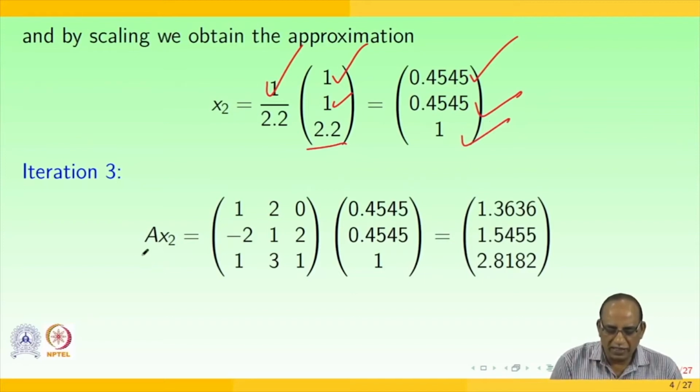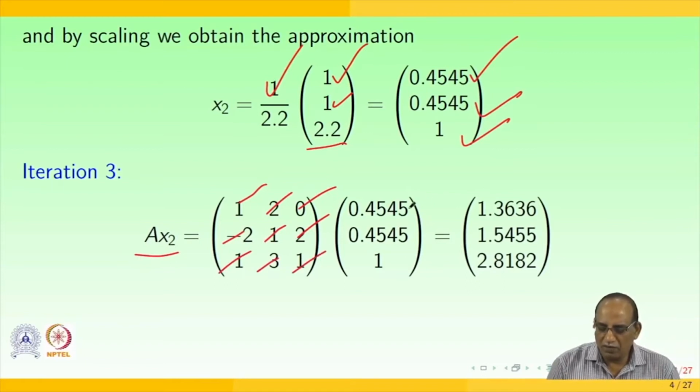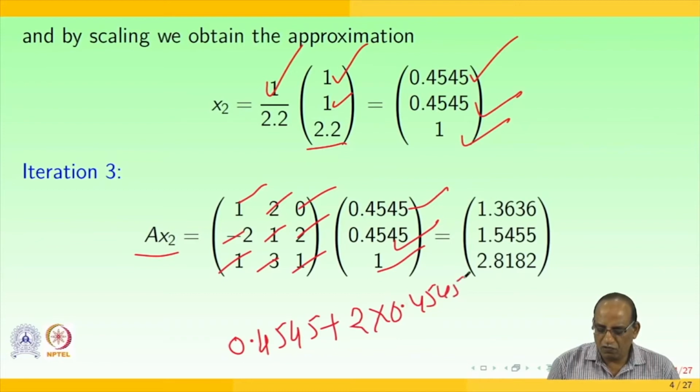So in iteration 3, the matrix 1 2 0, minus 2 1 2, 1 3 1 is multiplied with 0.4545, 0.4545, 1. So 1 into 0.4545 plus 2 into 0.4545 plus 0 turns out to be 1.3636.